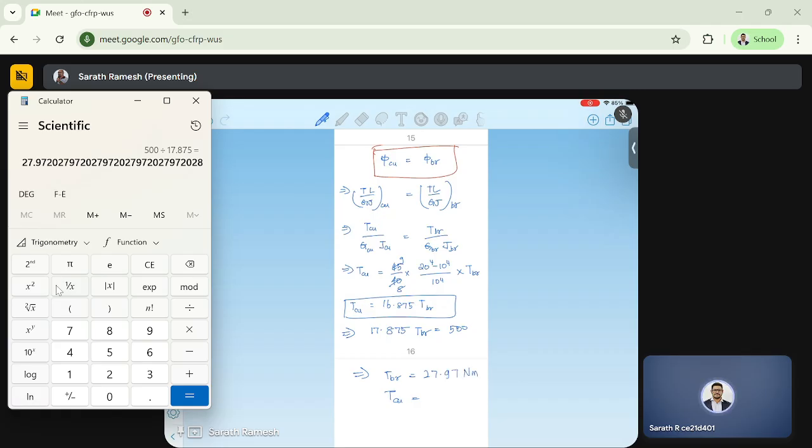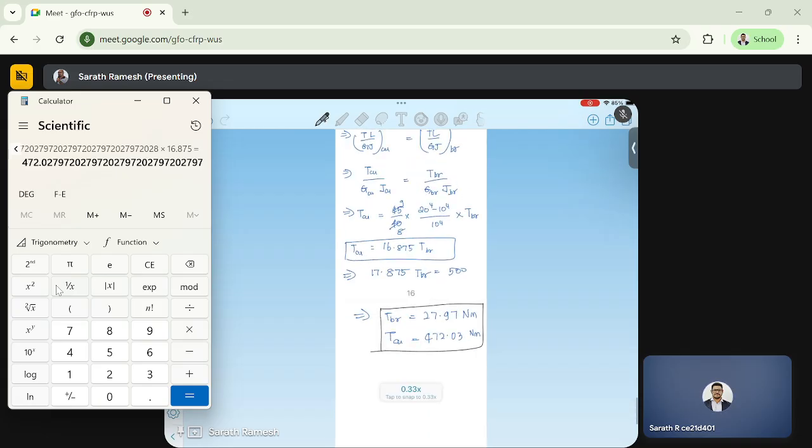So this will be times 16.875, which is 472.03 Newton meters. Okay, that's it.